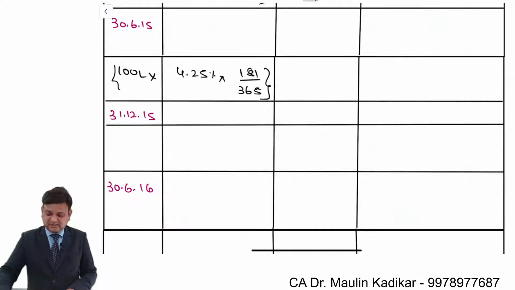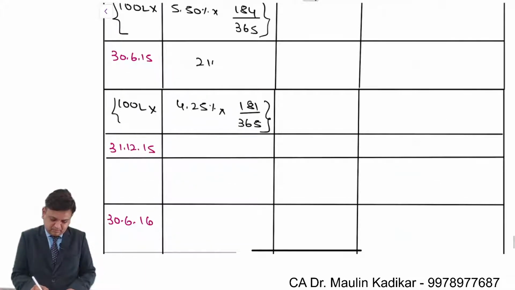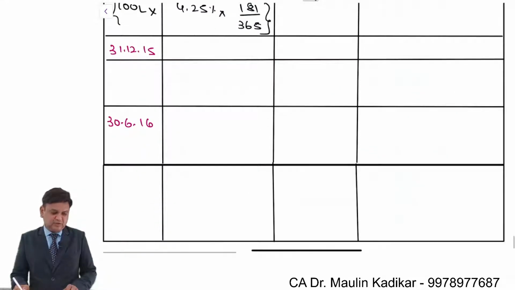So the answer is 2,10,753. For 31st of December 2015, it is 3.75%.